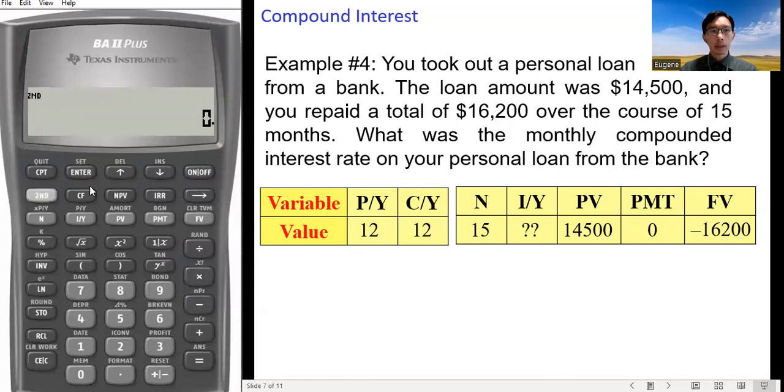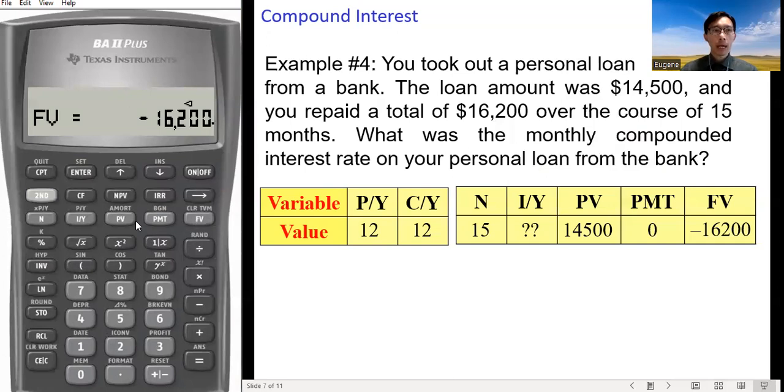And then clear the TVM worksheet. Enter 15 for N, and then 14,500 for PV. 0 for PMT. 16,200 with a negative sign as FV.